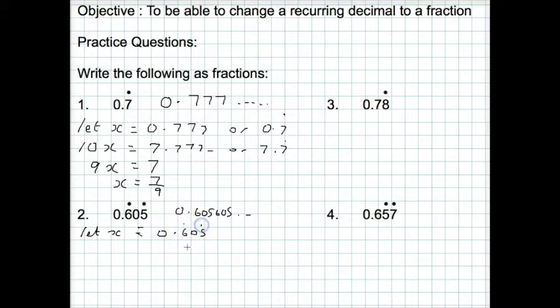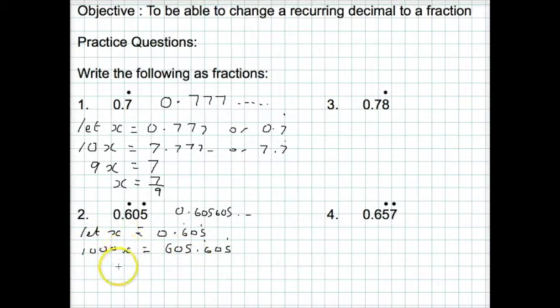I'll just use the dots there. But this time I'm going to multiply it by 1000. If I multiply by 1000, all the digits move 3 places to the left. So 1000x would be 605.605. I'm just going to use these recurring signs on the top there.